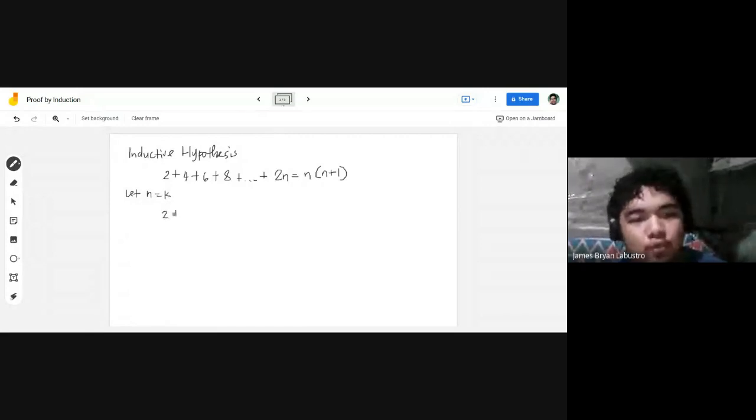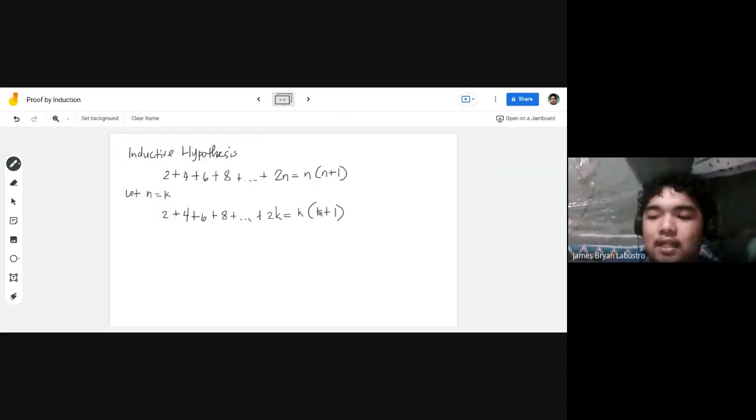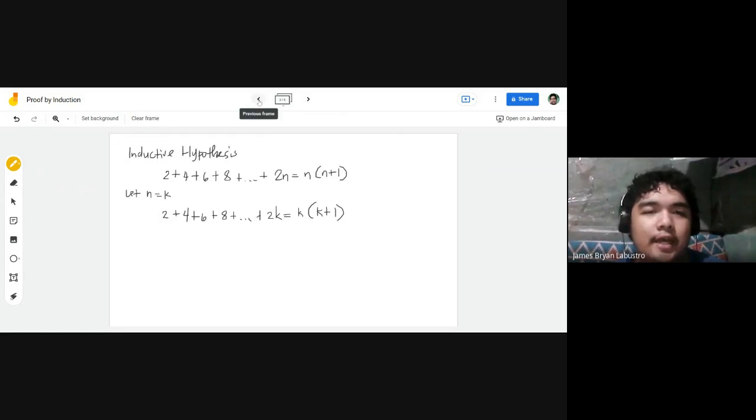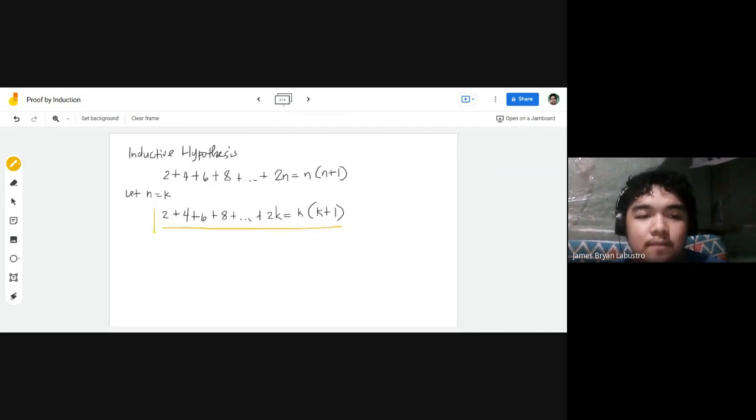Okay, so we have 2 plus 4 plus 6 plus 8 plus ellipsis plus 2k equals k times k plus 1. So if we're going to solve using the induction step, we have to use this inductive hypothesis.